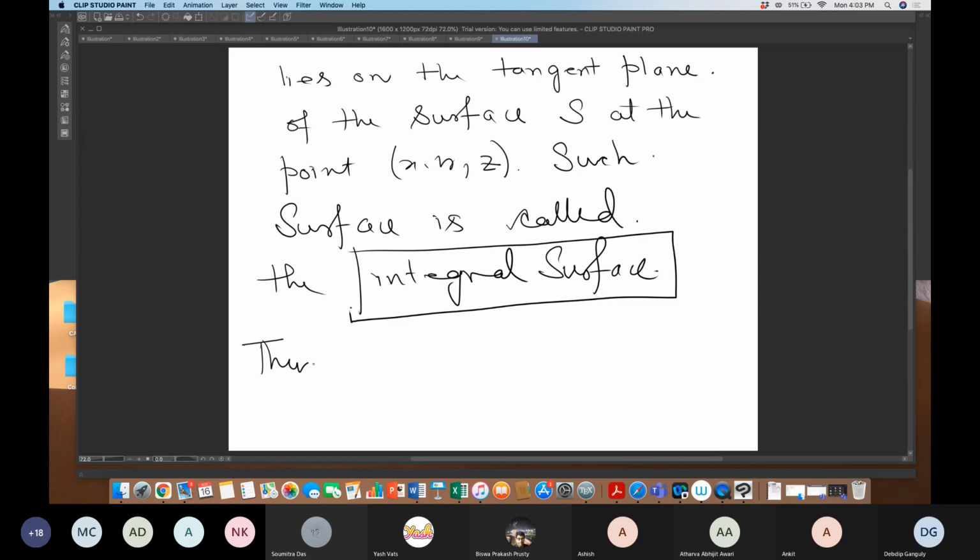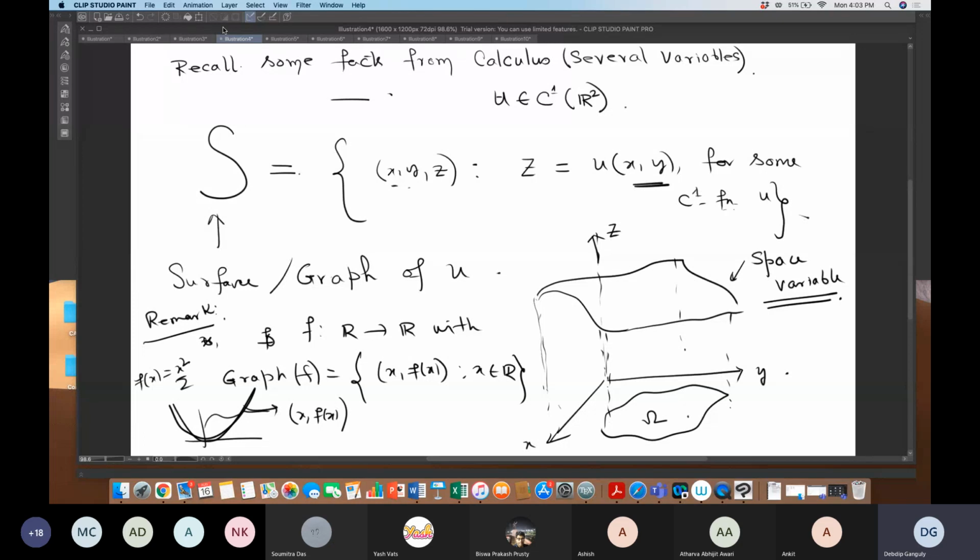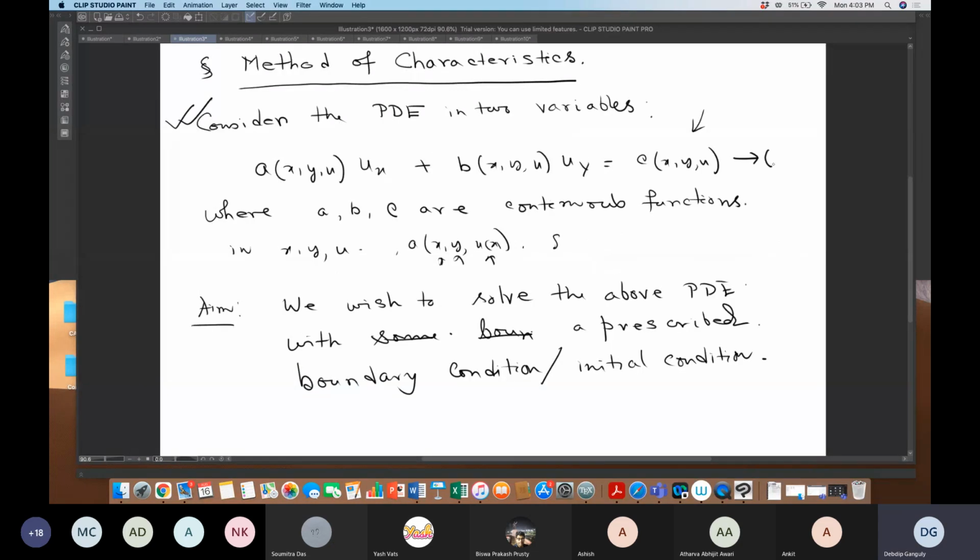Thus, to find a solution to the PDE, name it equation 1. Okay, name it.